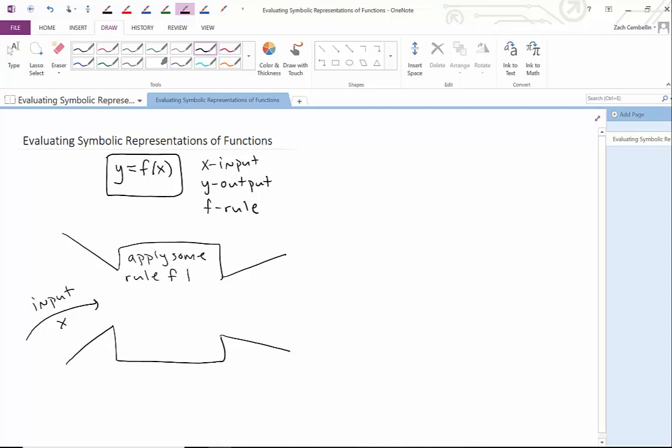F to the input changes into something else, and out spits the output from the machine, which we call y, which is also the result of applying f to x. So that's your little refresher on the symbolic representation of a function. We're going to make up a couple of examples right now and just evaluate some of these.